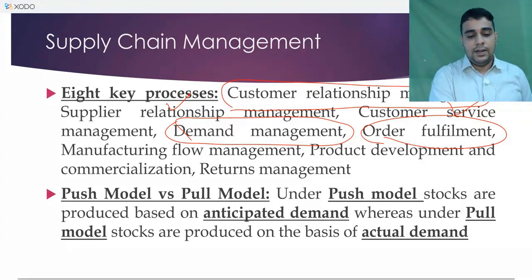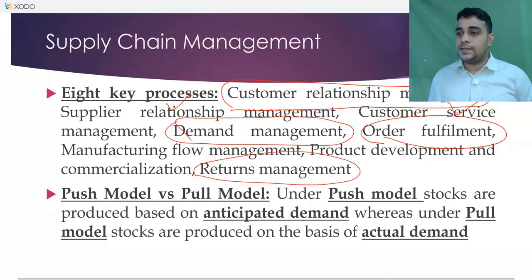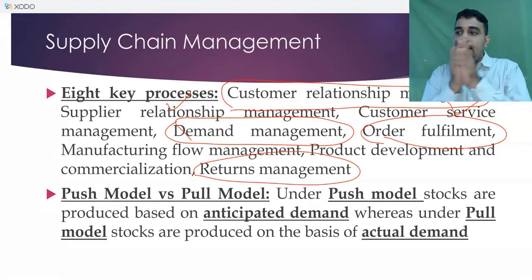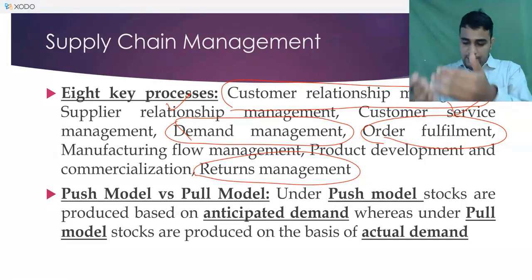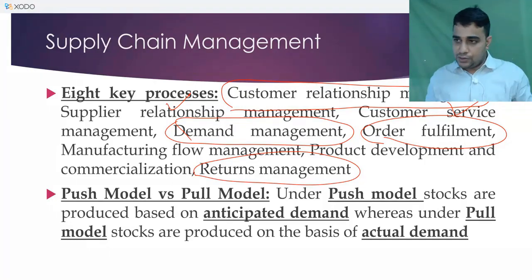Then there could be some returns which would come from your customer. Basically everything which is related to the customer, data about the customer, service to the customer, any returns you may have to give. How do you manage your manufacturing flow so that you are able to fulfill your customer demand. Product development and commercialization is based on the data which I get from the customer.